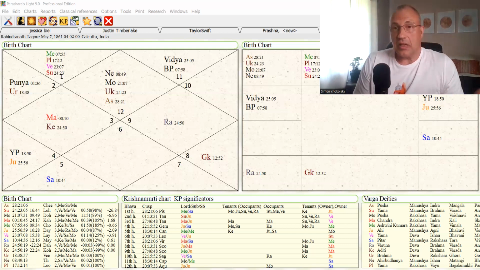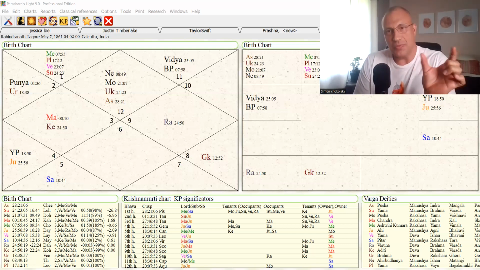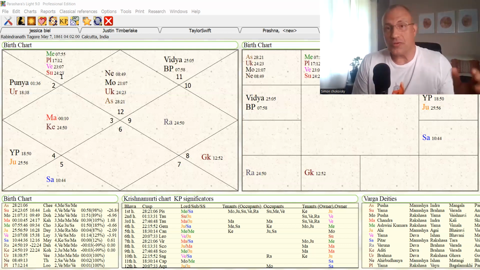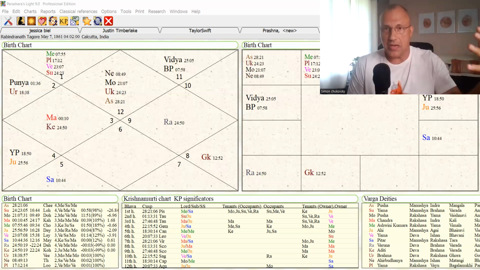But things like the yogi point, things like the Bhrigu Bindu, which tropical also has because that's just the midpoint of Rahu and the moon, right? So Western does use that, and so forth. So there are big differences, and there are also a lot of subtle differences.